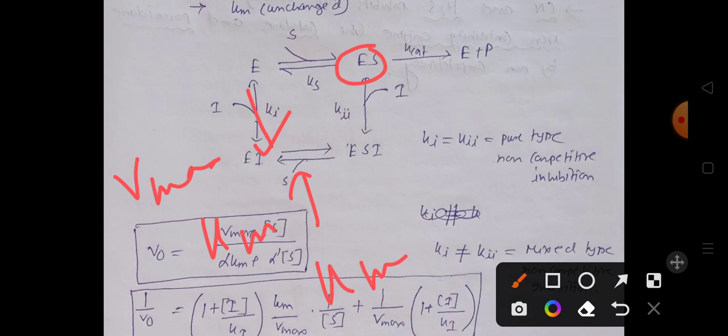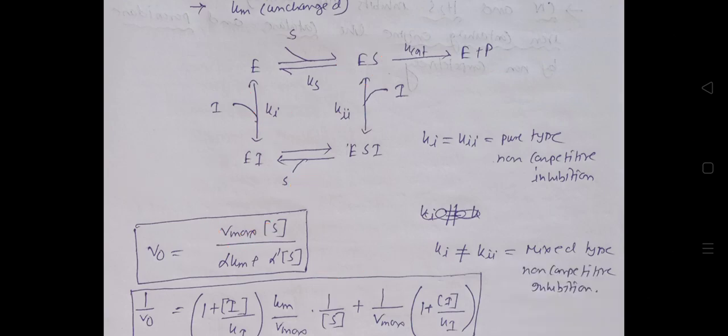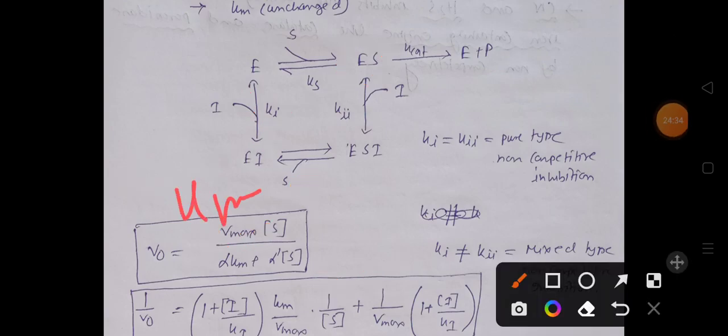Try to remember what happens in case of competitive inhibition. Km increases, right? And now try to remember what happened in case of uncompetitive inhibition. Km decreases, right? And as I have told you, non-competitive inhibition is a mixture of competitive as well as uncompetitive inhibition.